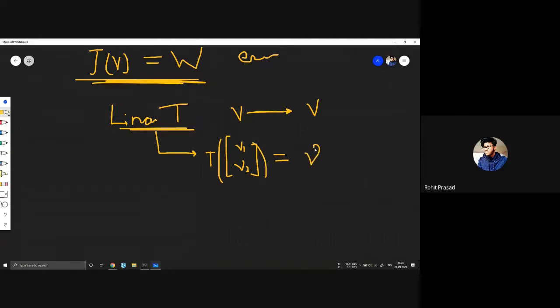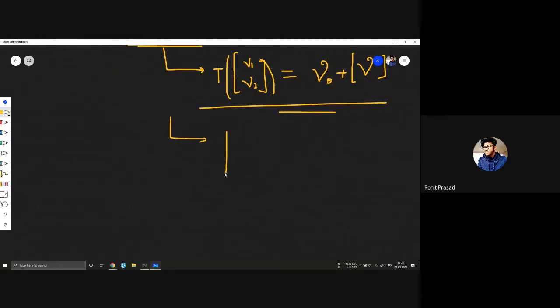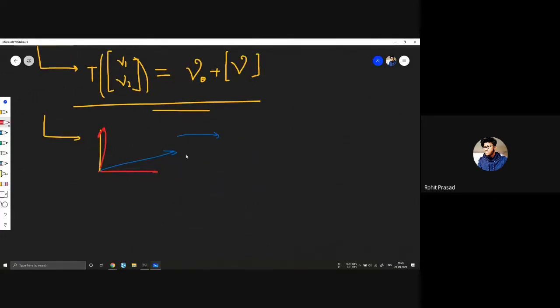It will be something like V constant, V naught plus V. This will be a translation. You can also take a reflection. In 2-dimensional space, you have a vector, and with this you can take a transformation which takes an image through a line, something like y is equal to cx plus d.